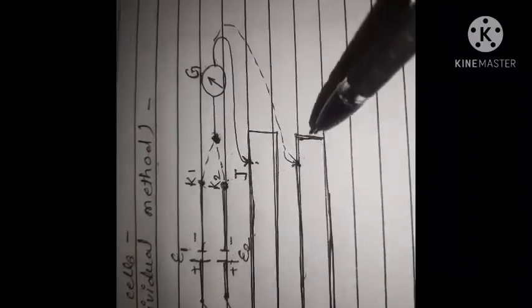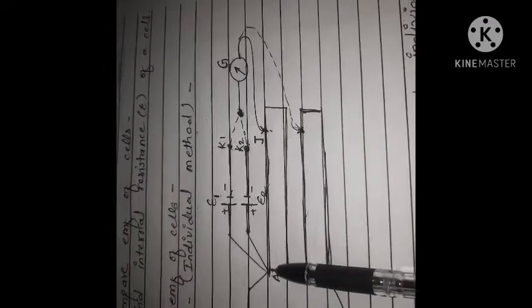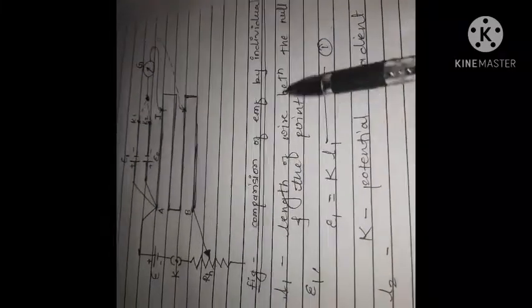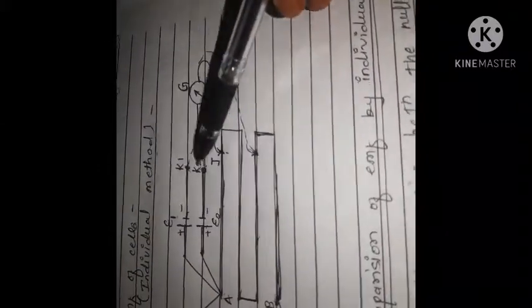By touching the jockey at various points on wire AB, we get the null point at this point. Suppose the length between point A and the null point is L2. L2 is the length between the null point and the point A in the second condition, when K2 is kept closed and K1 is open.